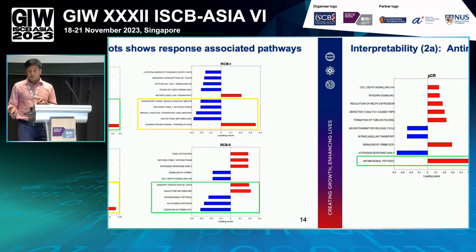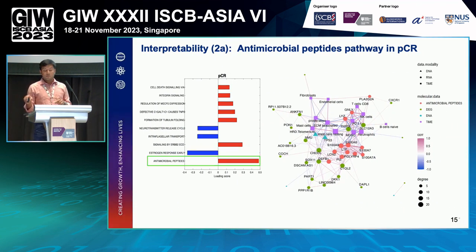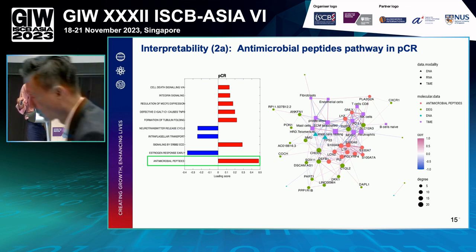Okay, so is it true? I picked a common pathway for PCR, then tried to visualize its multi-omics interaction network. In this network, different shapes of the nodes represent different data modalities. Different colors are also different modalities, including the pathway, the genes, RNA, and tumor microenvironment features.